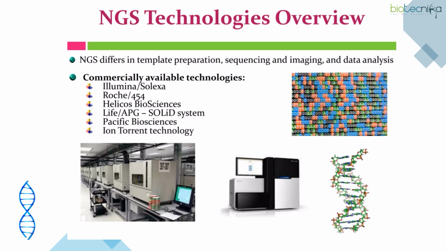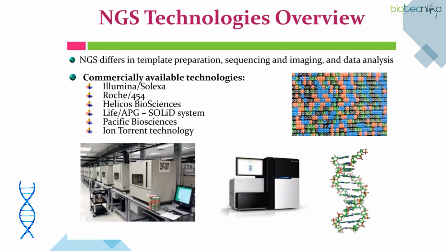So NGS technology overview is nothing but NGS involves template preparation, sequencing, and imaging with data analysis. So these are the 4 to 5 important steps, and that's why we are able to quickly walk through the NGS data and adapt those techniques, right?